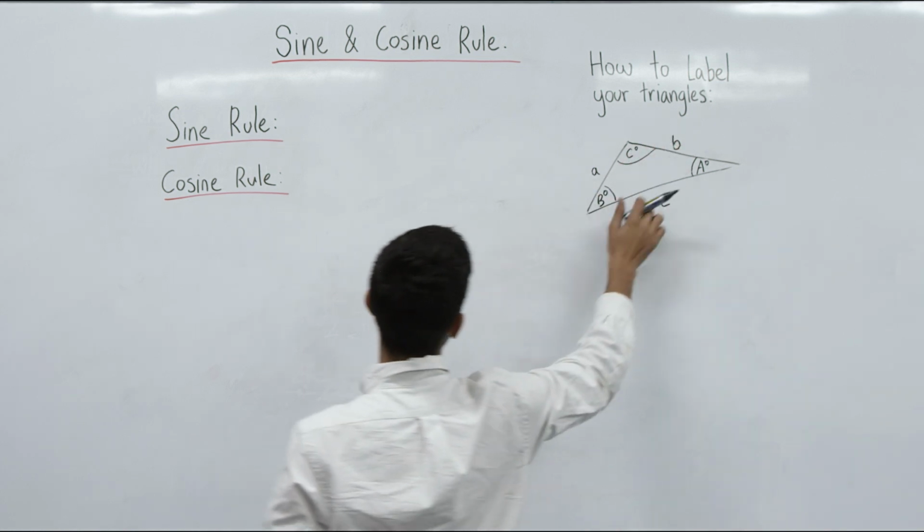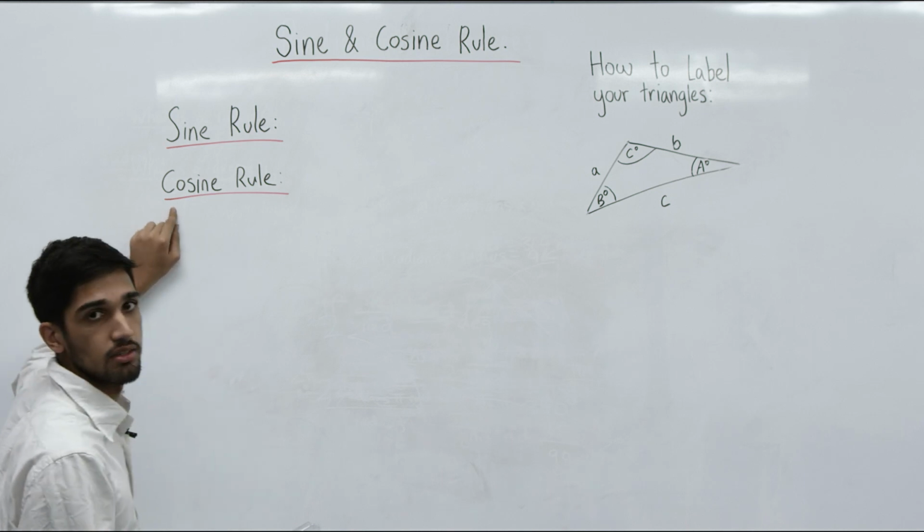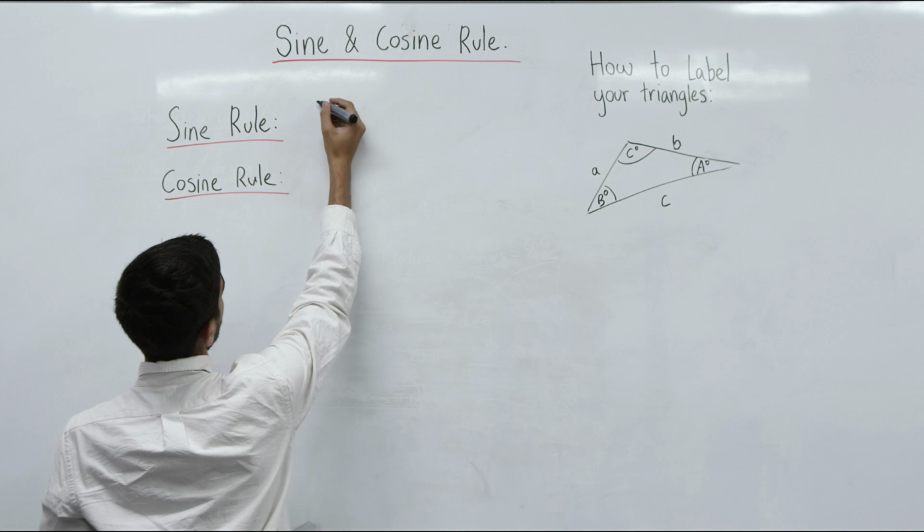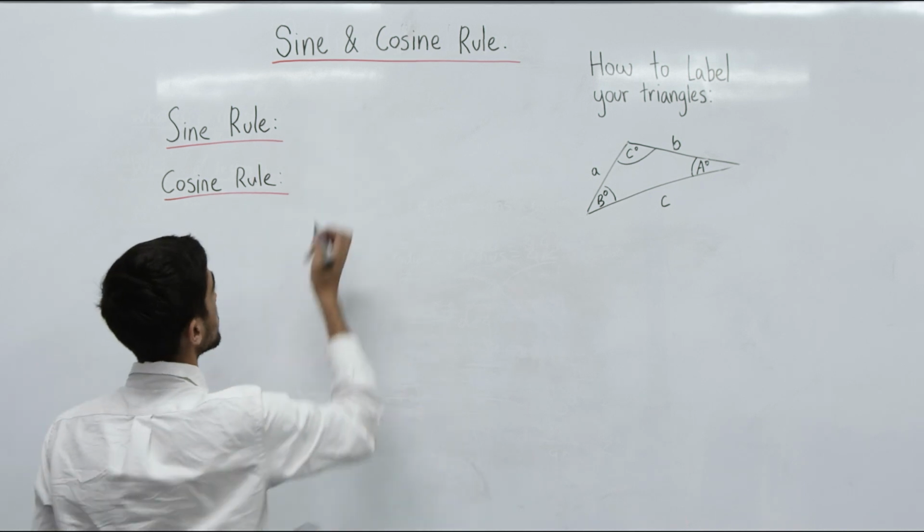The reason we have these A, B, C is the actual formulas for the sine rule and understanding them. So for the sine rule, we have two variations of the same formula.